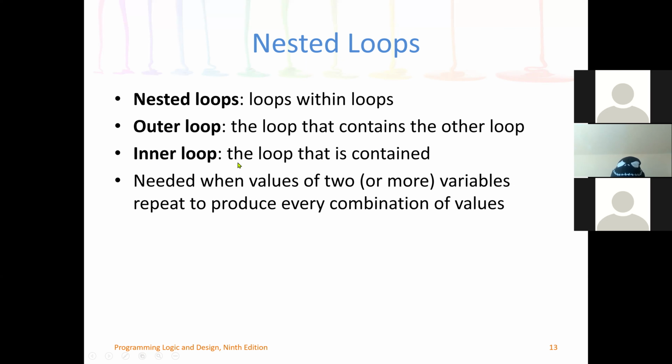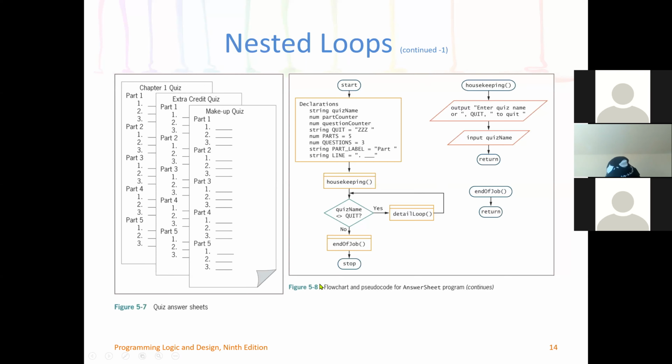We can't go inside. We have to come out of the whole loop. The only way we can get into the inner loop is when the outer loop condition is true. So this is an example given as the concept of a nested loop.